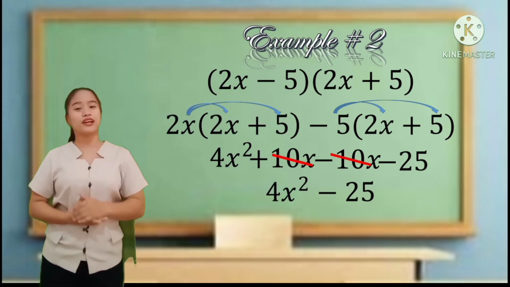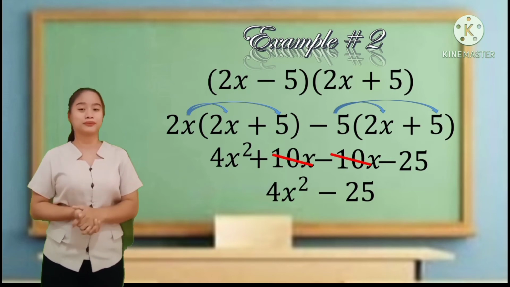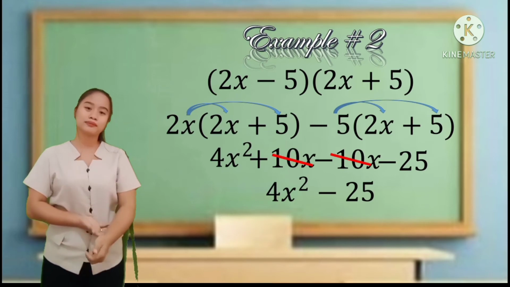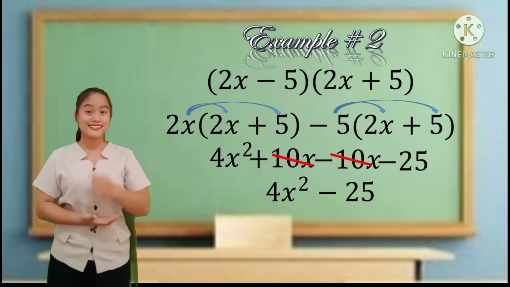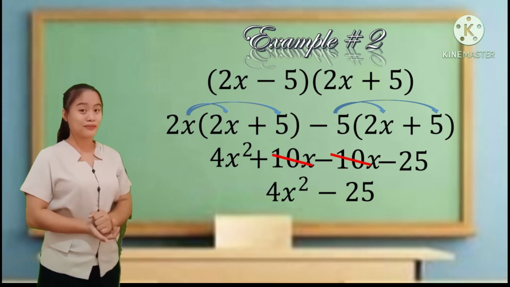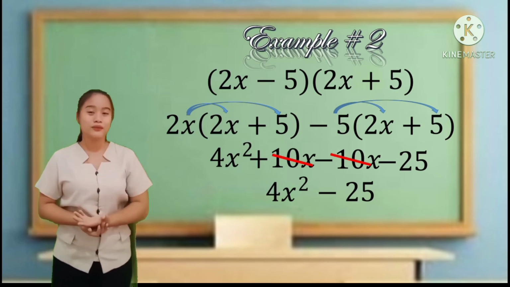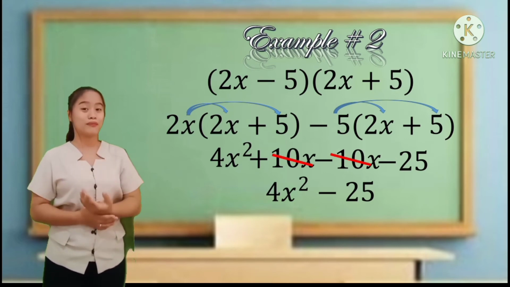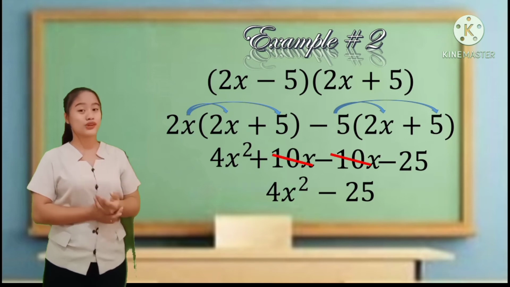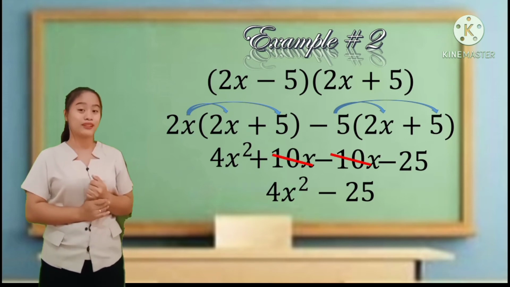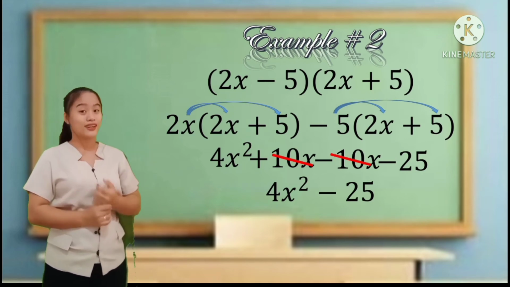Okay, who can say the final answer for this problem? Ma'am, same answer as the first example. Okay, see? We have the same solution, so we conclude that our solution using the distributive property in this problem is correct.